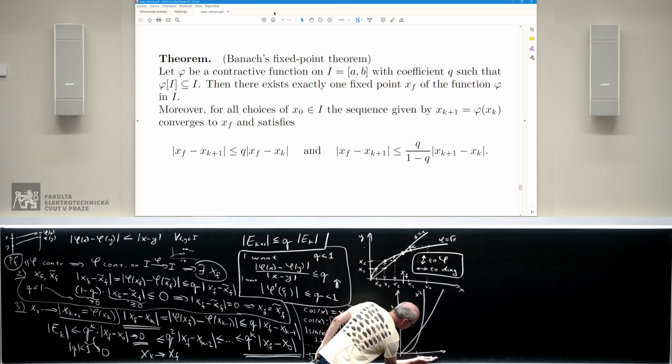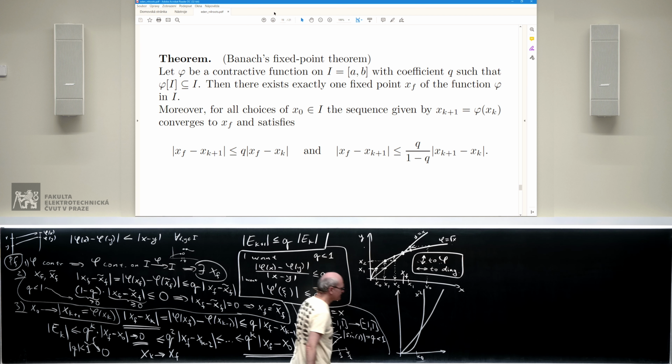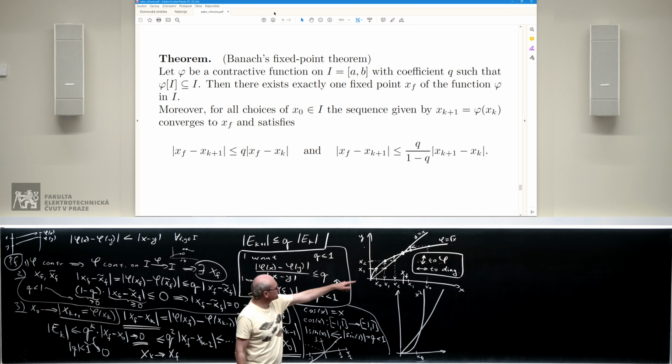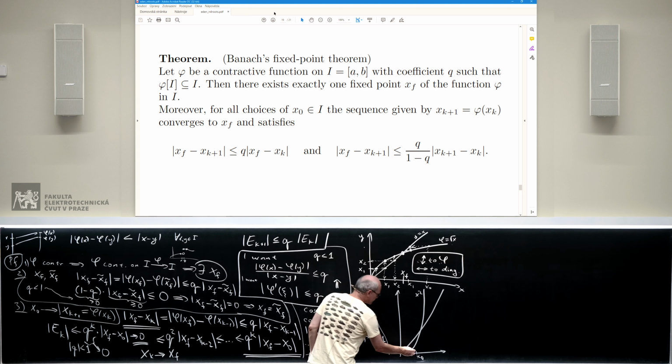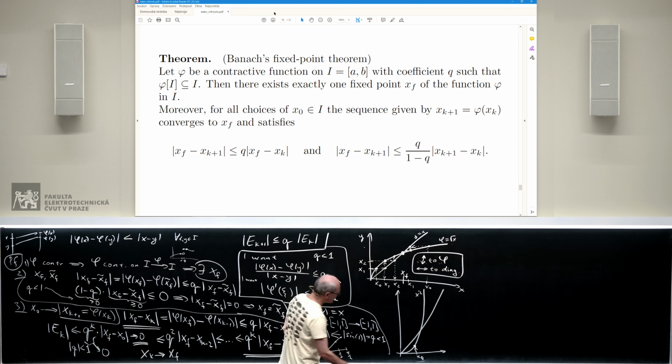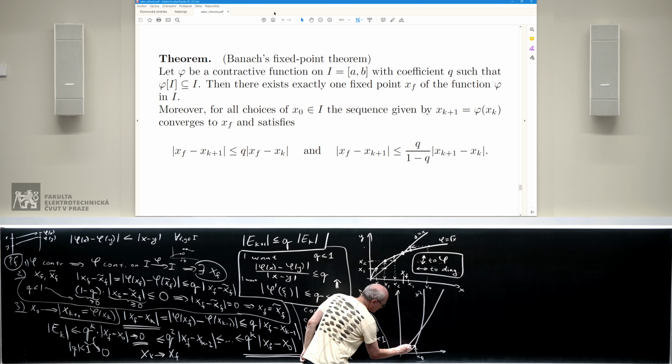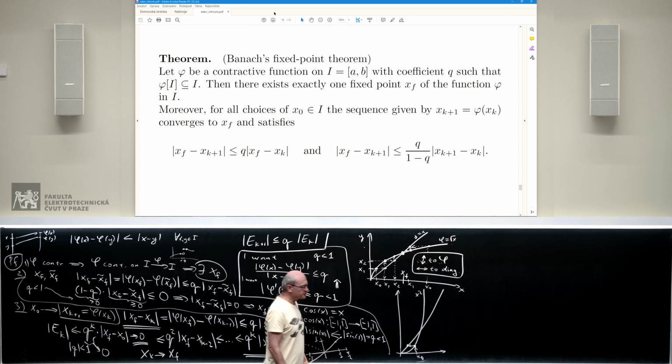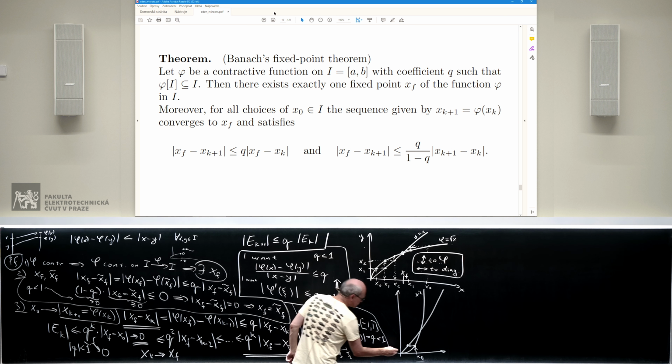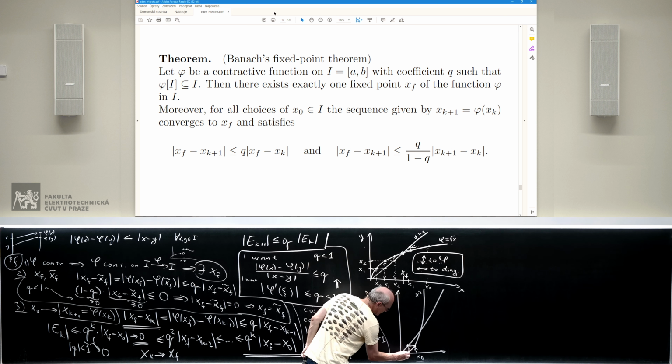Actually, this is not the right place for it, x0. And then we are supposed to go vertically to the graph of our function, and then horizontally to the diagonal. Then we are supposed to go vertically to the graph of our function, so we go downwards, and horizontally to the diagonal, and so on.